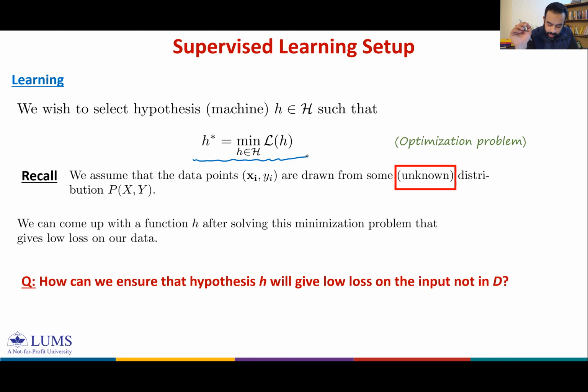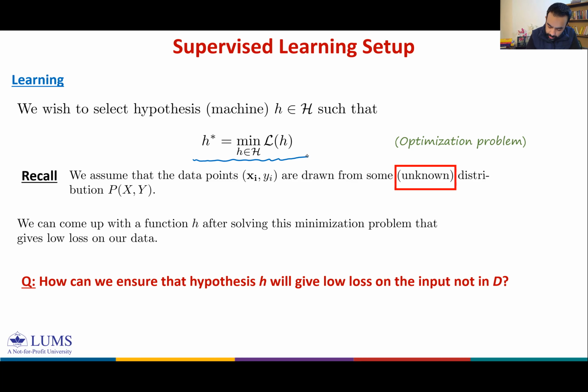How can we ensure that the hypothesis will give low loss on the input that is not in D? Data points लिए आपने उससे कहा कि तो low loss दे रहा है, right? But how can we ensure that the hypothesis class gives low loss on the input जो कि आपके डिक्शनरी में नहीं है?